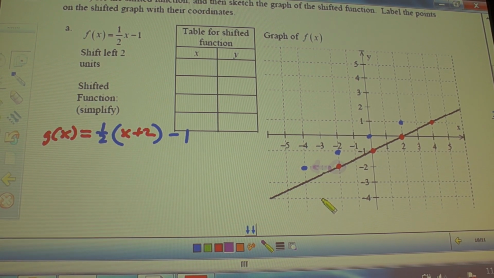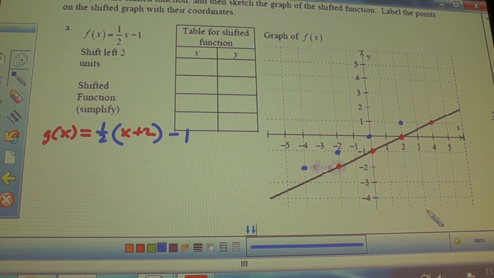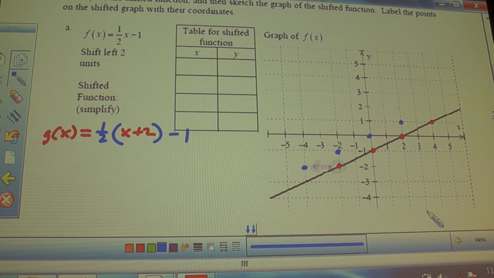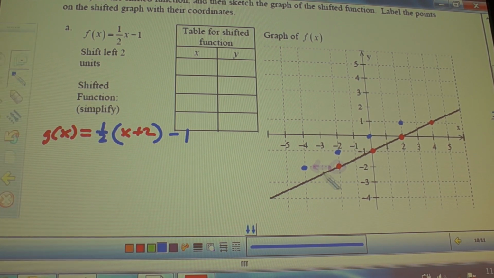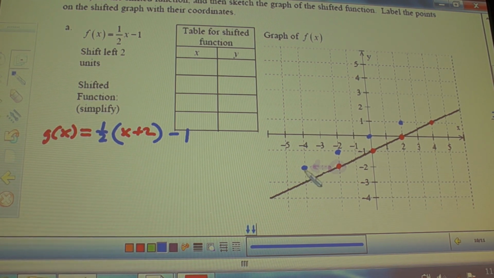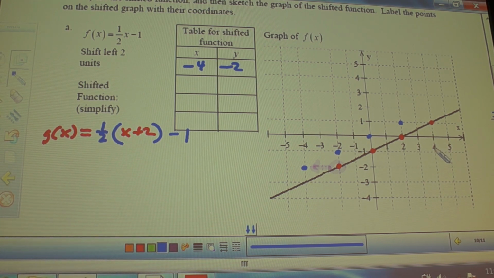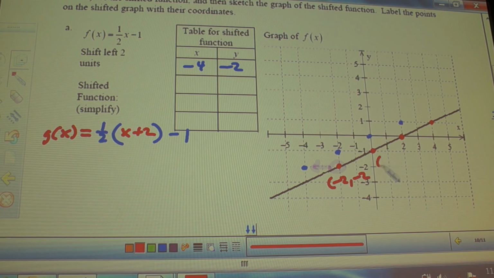So what are those? It's a little bit weird when it's a line, because it looks like it could also be up 1, and strangely, they are the same. So what is that point? -4, -2. Because this is -2, -2. This one is 0, -1.